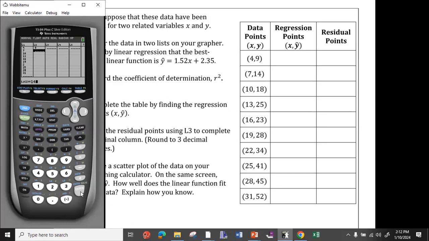Your L1 is still going to be the same. 34, 41, 45, 52. All right, I think I got all mine in.